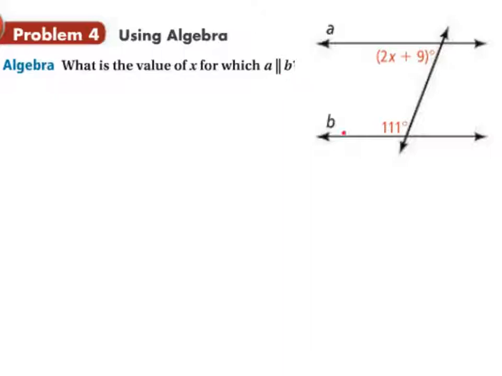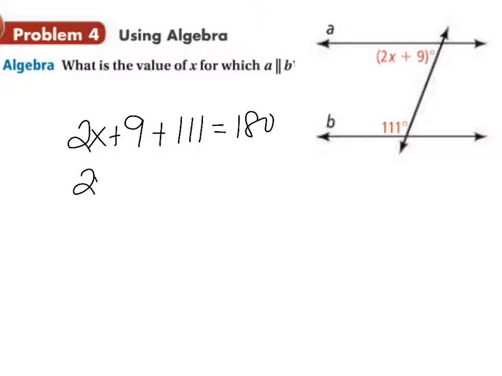Okay, well, if I want A to be parallel to B, then these are same side interior angles, and I would need them to be supplementary. All right, so here we go. I am going to add them up and set them equal to 180, because that's what would have to happen for A to be parallel to B.